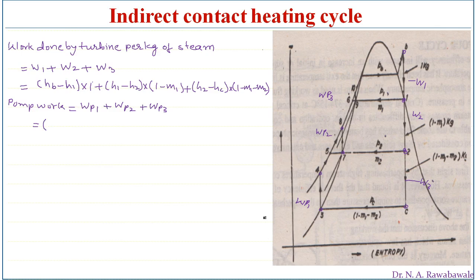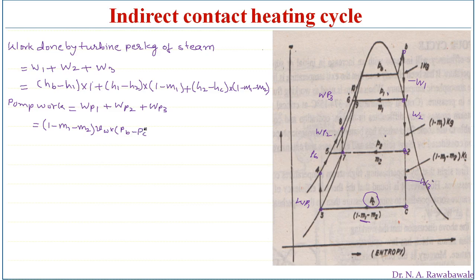Pump work 1: this first pump is going to supply 1 minus M1 minus M2 kg of condensate. So here the mass of the condensate is 1 minus M1 minus M2 into specific volume of condensate into pressure increase from PC to the boiler pressure PB, so PB minus PC.